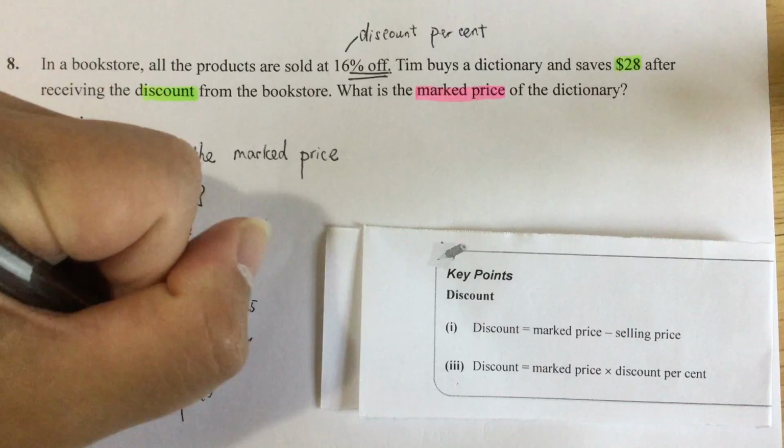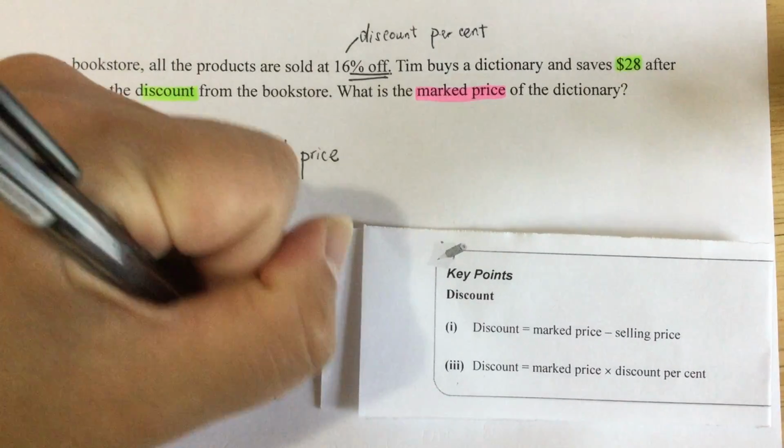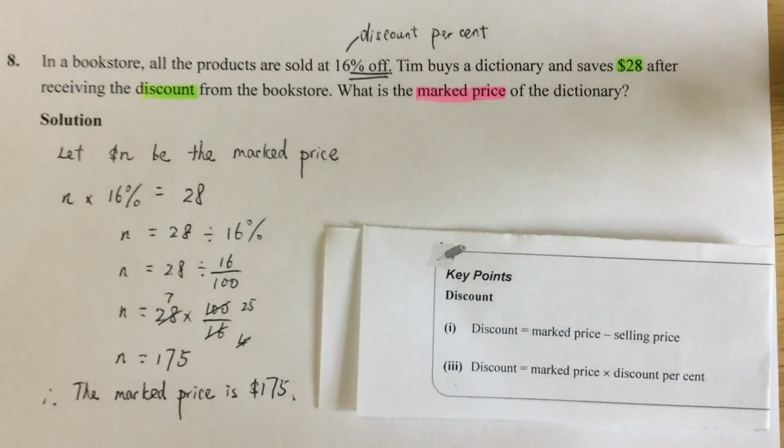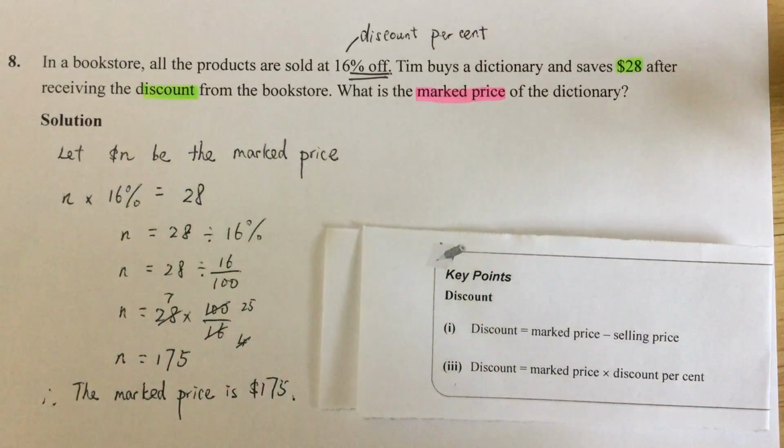I'm sorry. Okay, so we have something like this. Now I will give you 15 seconds to understand this question. Okay, that's the end of this video. Thanks for watching.